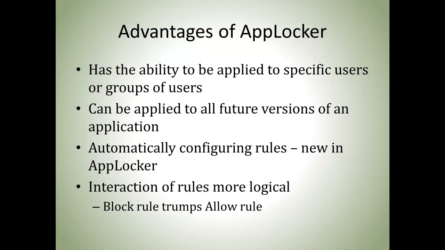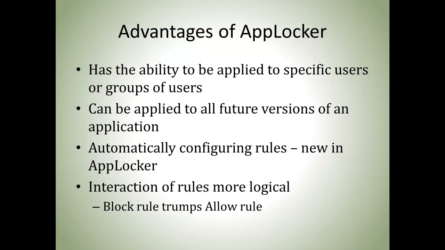Software restriction policy has a bit of a strange interaction with its rules in that there's a hierarchy for which rules will trump which other rules. What that means is you may deny a certain program from running in one rule and not realize that another rule allows it. Well, in Applocker, what it will do is automatically block it if you've got a block in place.